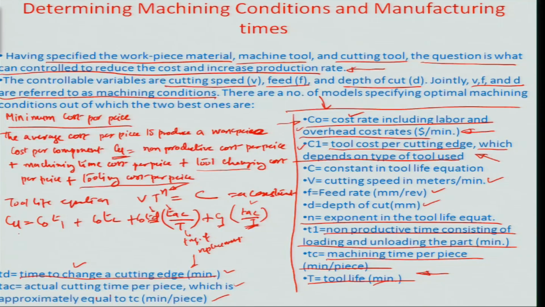So that comes out to be the overall cost per piece, and we have to do something by varying these parameters like V, F and D in the cutting condition, so that you can optimize the cost per workpiece. So we come to the end of this module, but in the next module we are going to try and see how we can do this optimization or minimization, and what cutting velocity will come out given that particular optimum condition. Thank you.